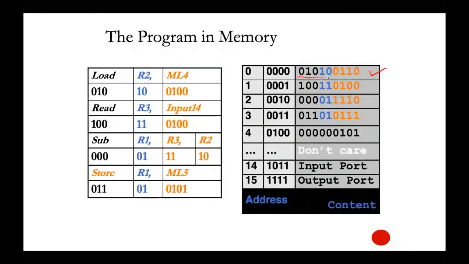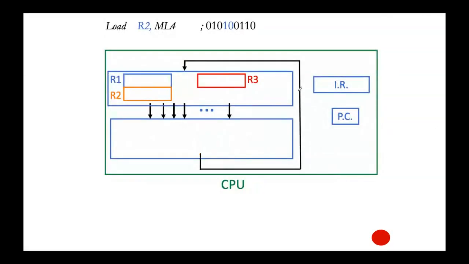This instruction is stored at location 0. The program counter stores 0. Then the instruction will be fetched from the memory and stored in the instruction register, and then it is decoded, identifying the load instruction. For that it requires operands, so it must provide the memory location.